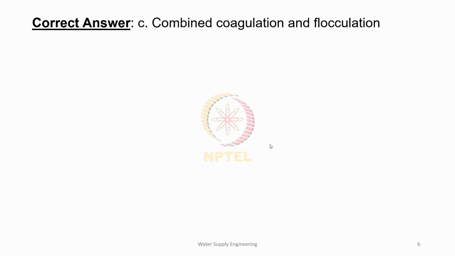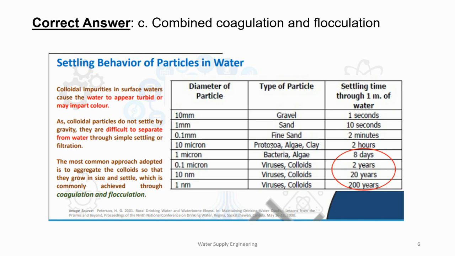Okay, so the correct answer is option C, combined coagulation and flocculation. So earlier we saw the classification of particles depending upon the size, and we saw that colloidal particles cannot be removed through simple filtration.